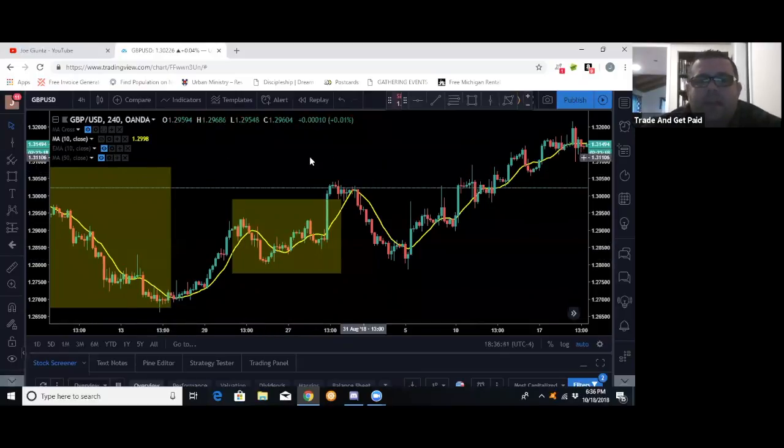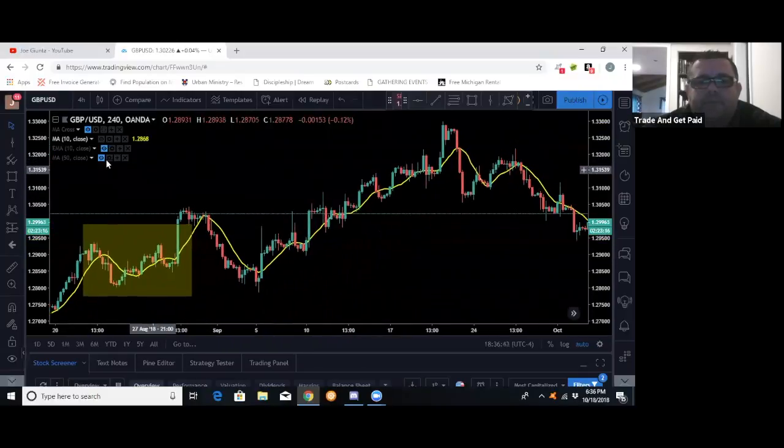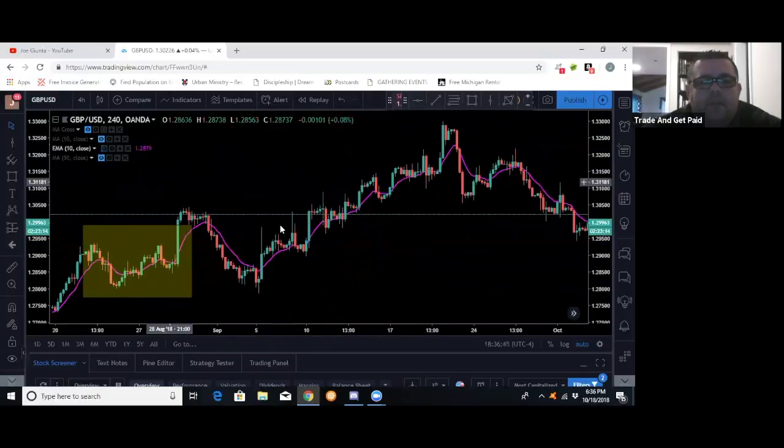Whereas many times, if we move forward, I'll show you. Let's look here, where this one is a lot closer. The exponential is going to give you a much quicker and earlier entry to the market. However, you run the risk of being faked out because it sometimes is too early.